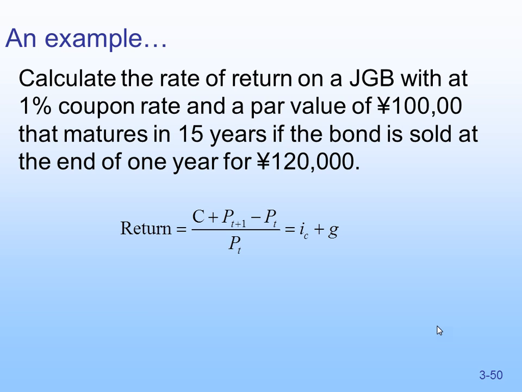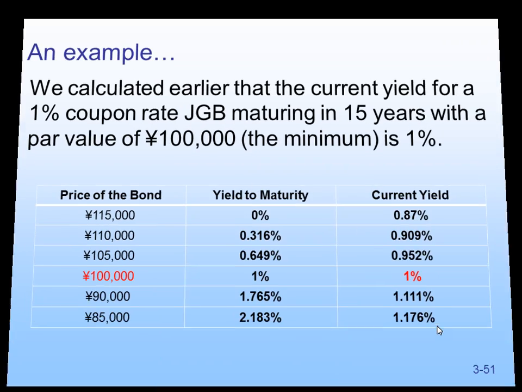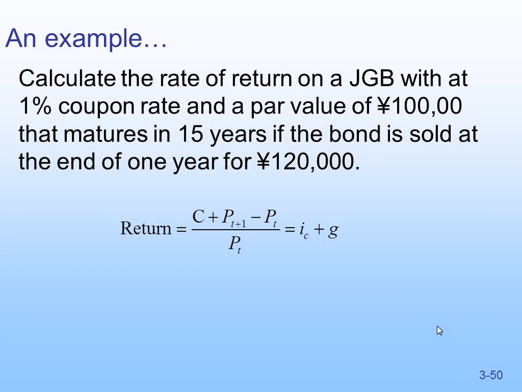So it's the same as what you just did, but now we put in a change. At the end of 1 year, you buy it and you hold on to it for 1 year, and then all of a sudden, the bond is sold for 120,000. Okay, well, here's the equation you would use.